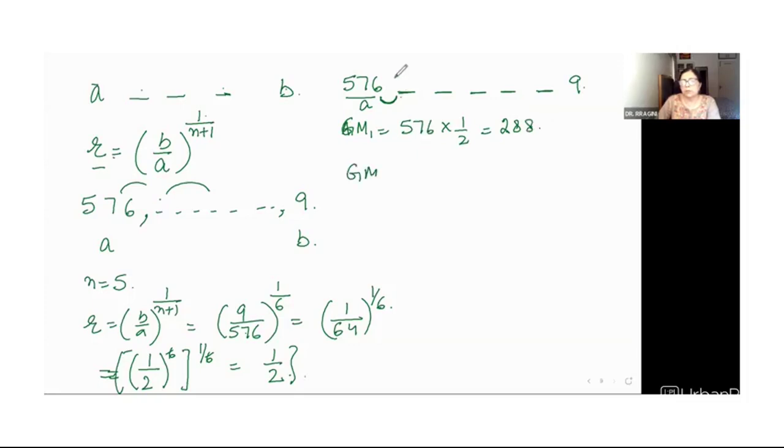GM2, you have got 288 now. 288 multiplied by half is 144.